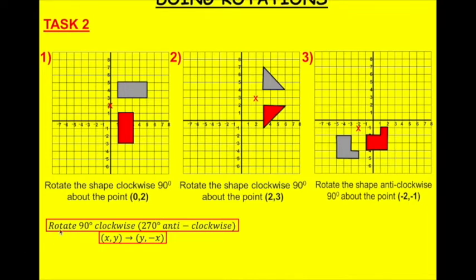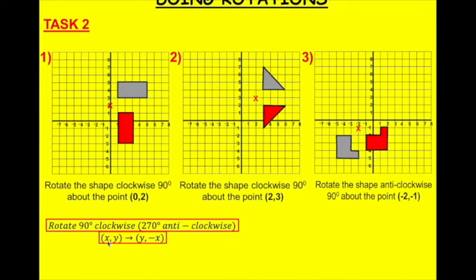So for 90 degrees clockwise, given point (x, y), this point (x, y) will become point (y, -x). So you reverse the x and y, and then you change the sign of x over here.